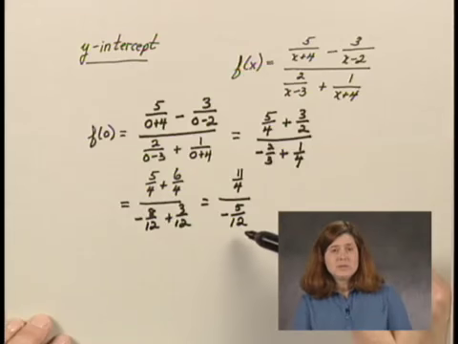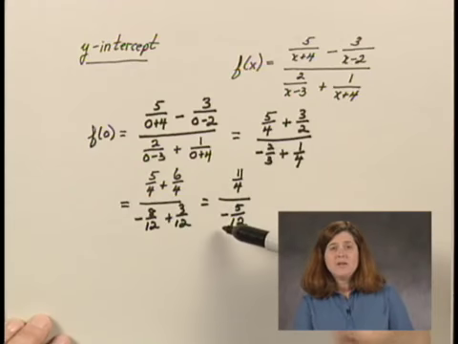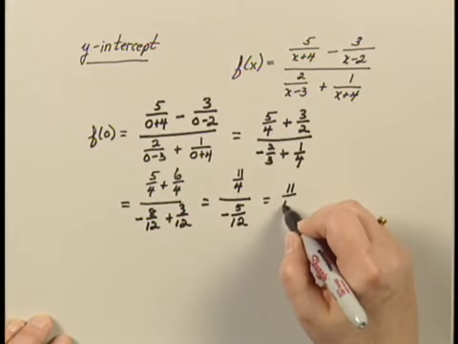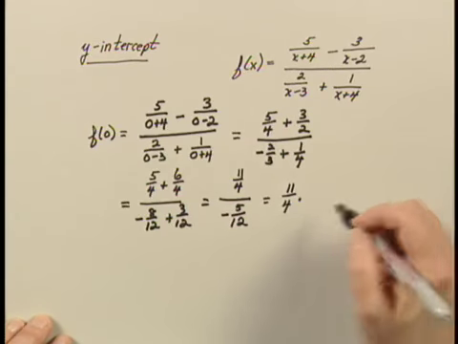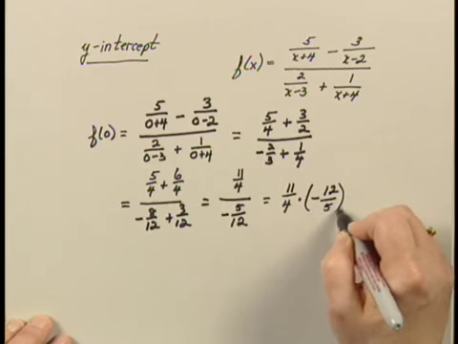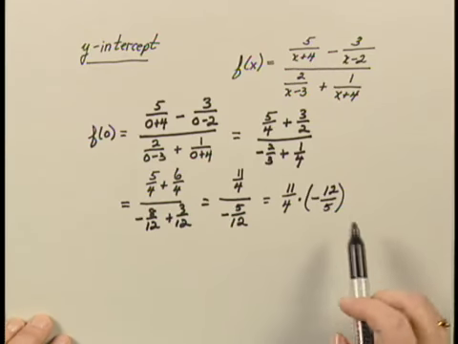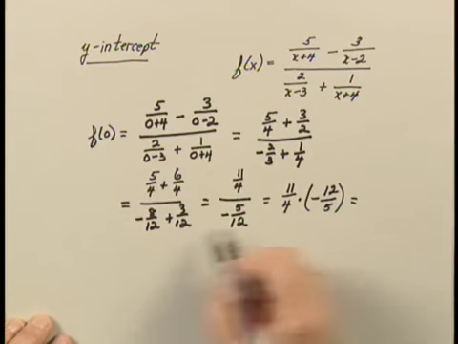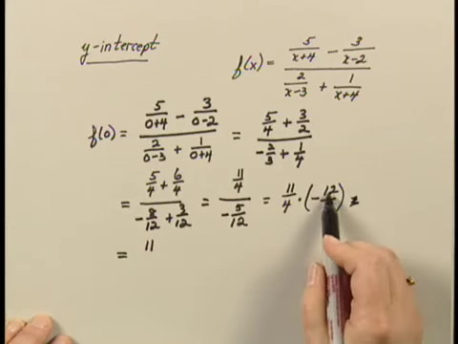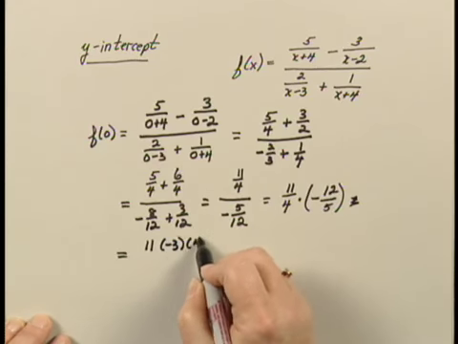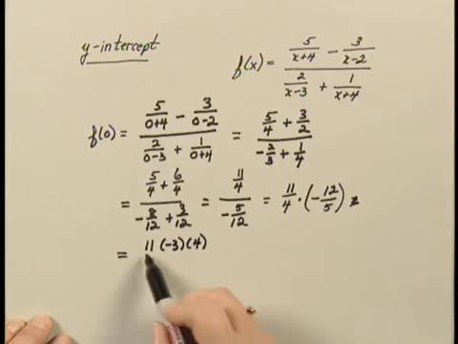Now this symbolism means 11/4 divided by negative 5/12. That's the same as 11/4 times the reciprocal of negative 5/12, which is negative 12/5. Now I can multiply, and when I do that, we put an equal sign here, 11, and I'm going to factor negative 12 as negative 3 times 4, because I have a 4 in the denominator.